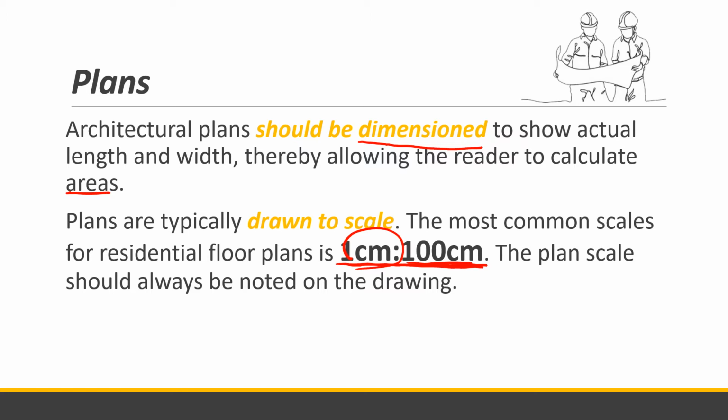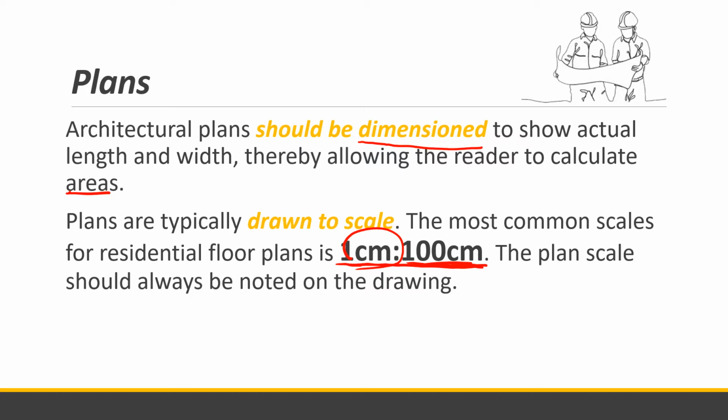The actual length in the drawing is 1 cm, but the dimension you write is 1 meter. So the plan scale should always be noted on the drawing, meaning the scale you used should be shown or visible on the plan.